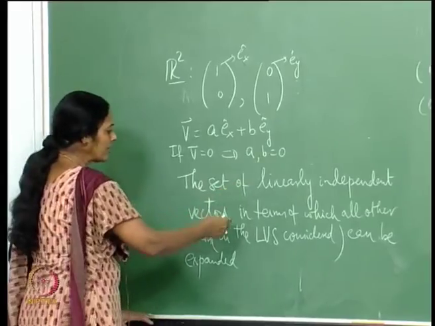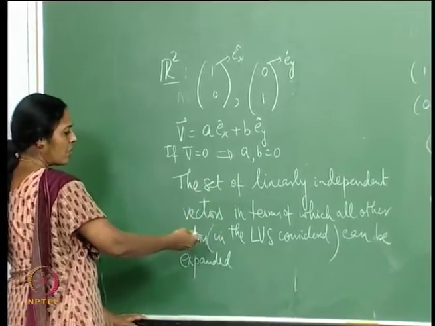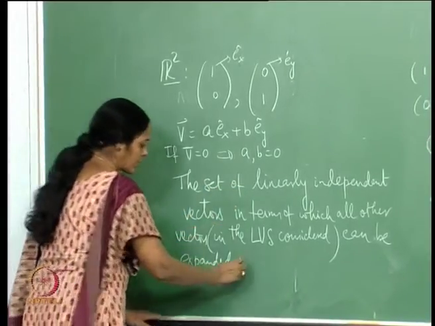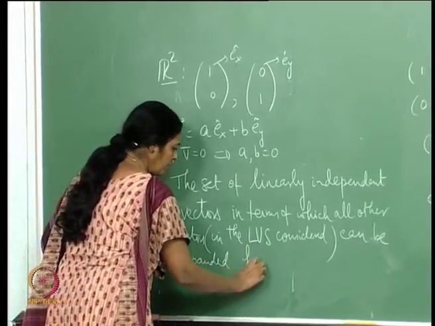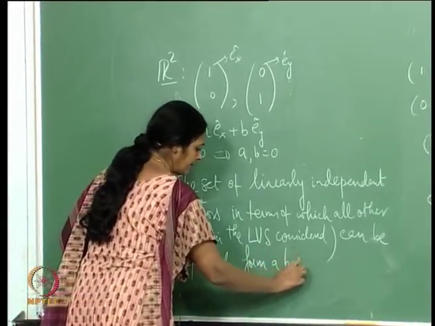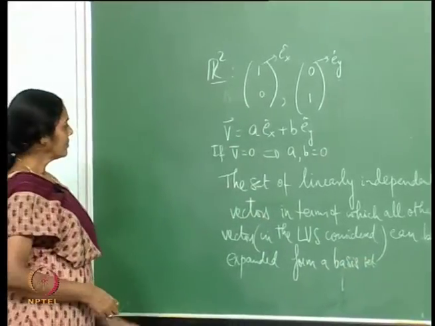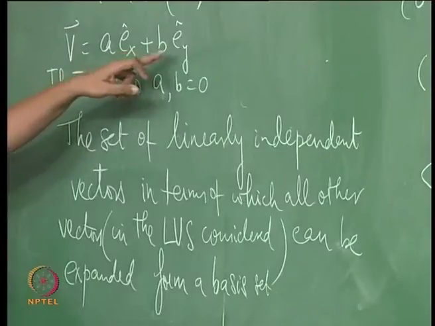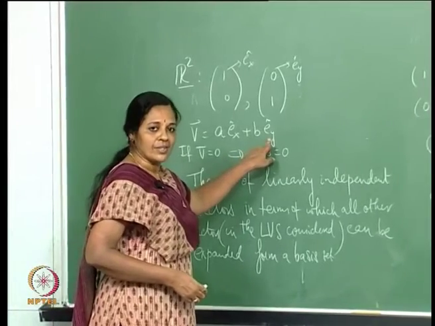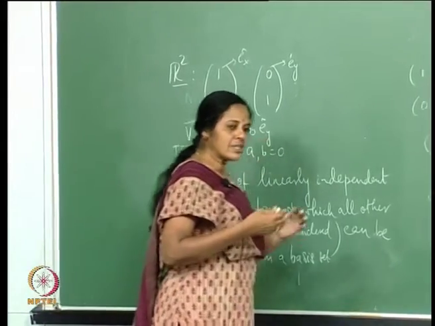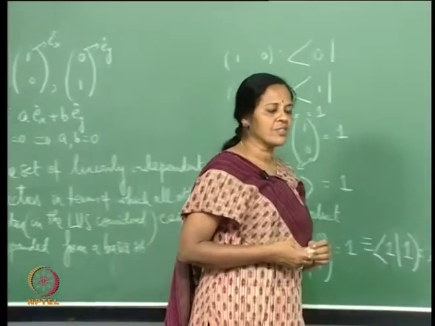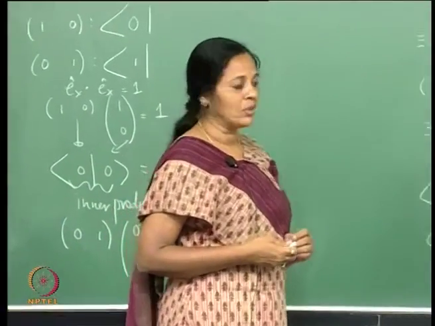The set of linearly independent vectors in terms of which all other vectors in the LVS can be expanded form a basis set. In the same sense that Ex and Ey are basis vectors in R2, Ex, Ey and Ez are basis vectors in R3 and so on.